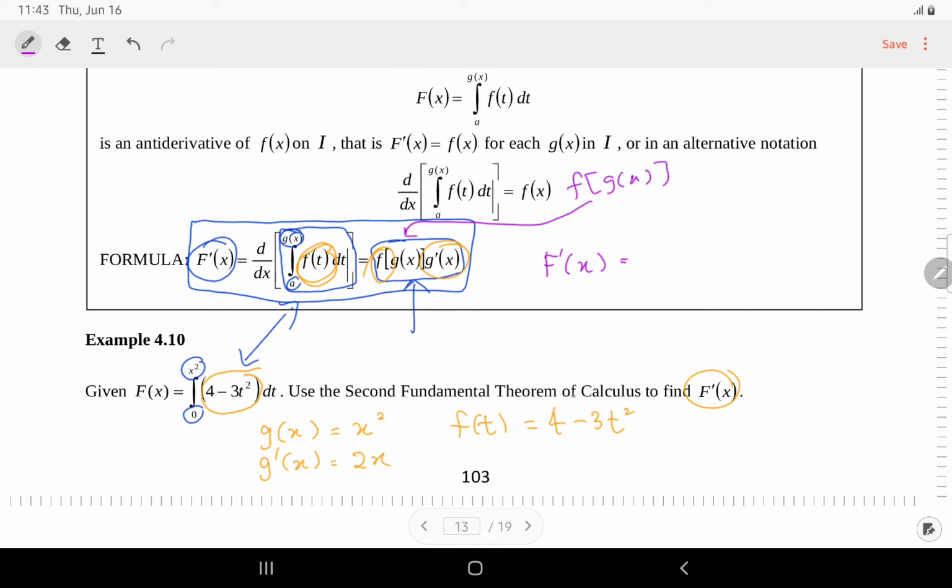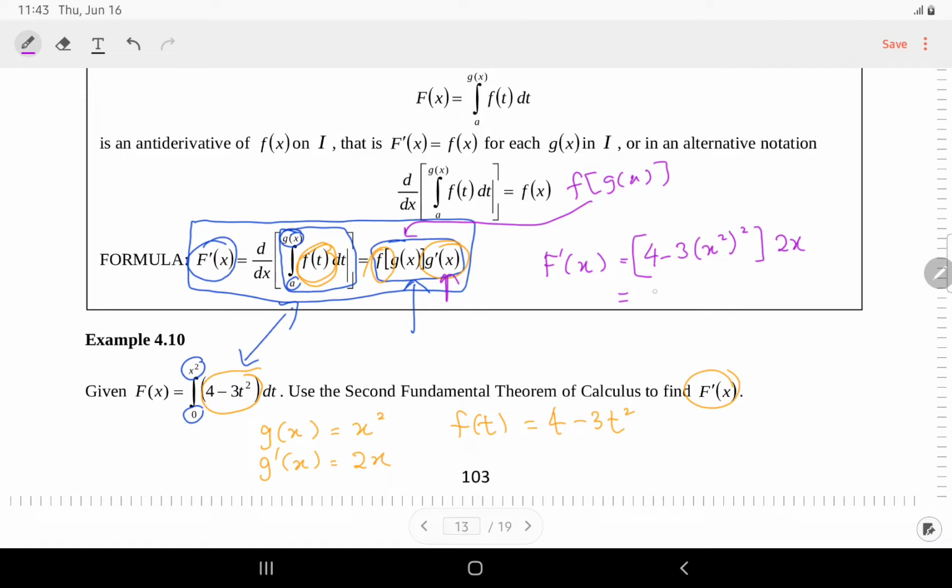So look here, our function f is 4 minus 3t square, and t has to be replaced with g, so x square. That gives 4 minus 3 times x square squared, and then multiply with g prime x, which is 2x.